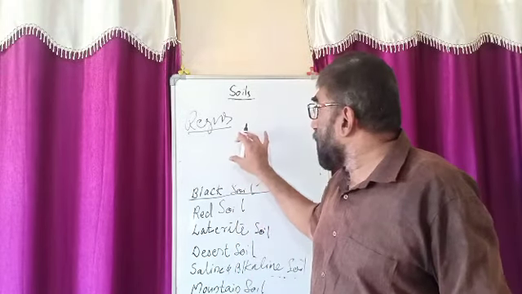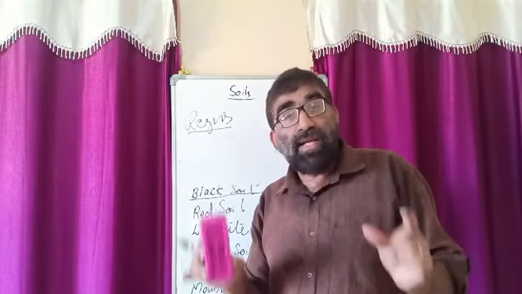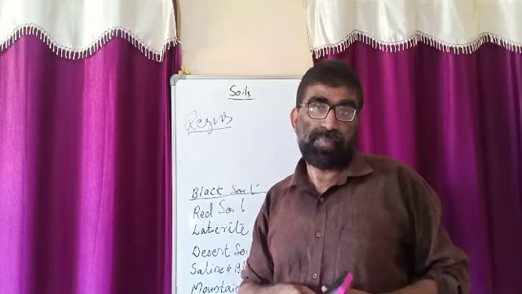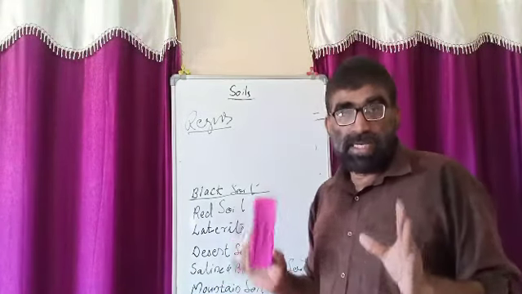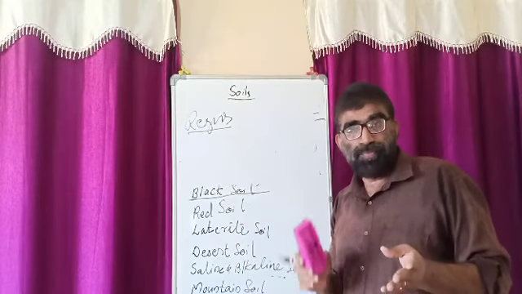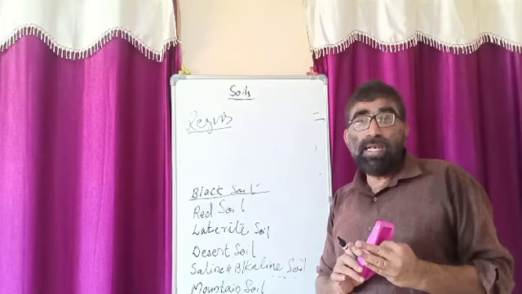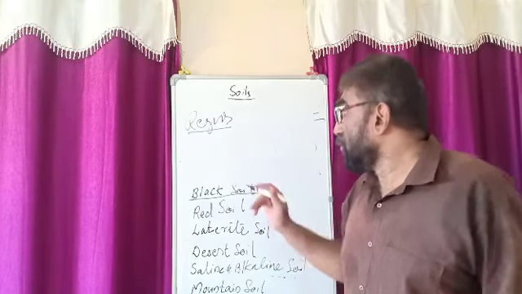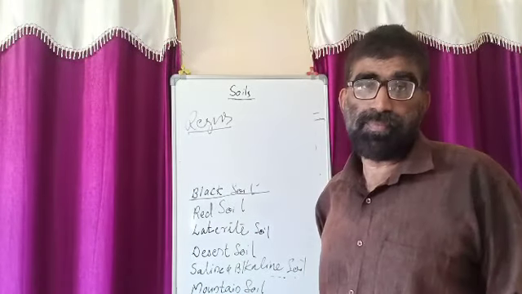Internationally this soil is known as tropical chernozem. See the different names of black soil: regur soil, black cotton soil and tropical chernozem. So this soil is mainly found in peninsular India.